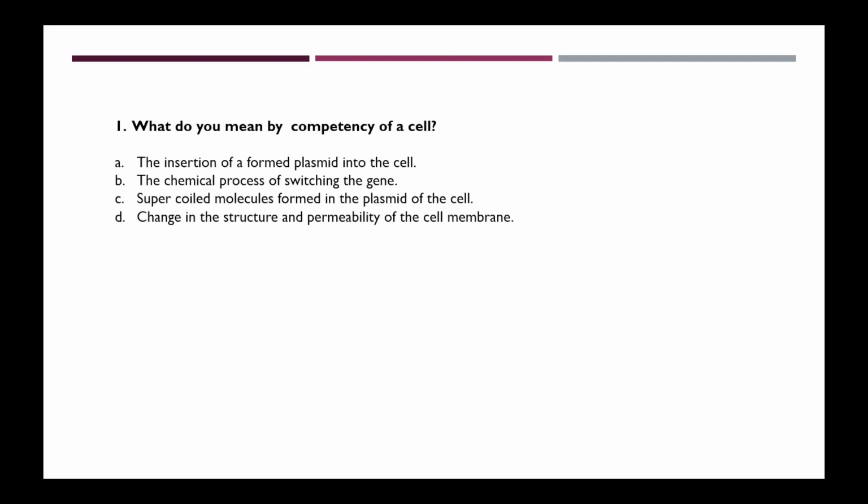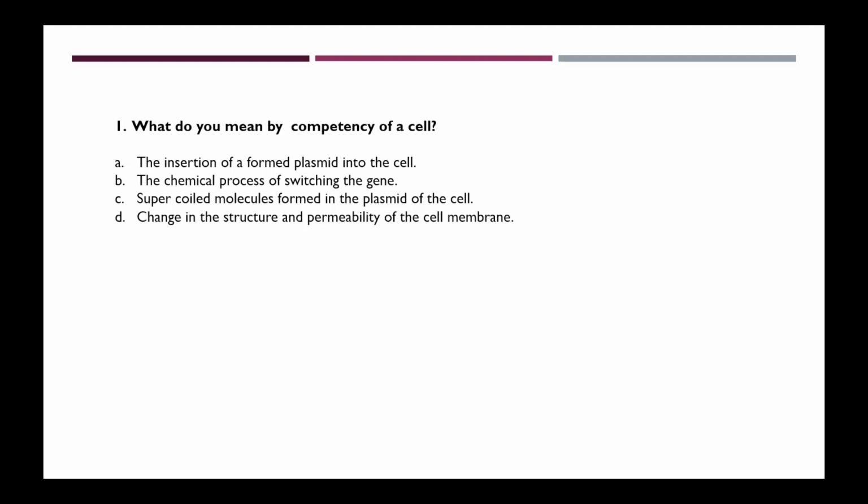The chemical process of switching the gene? Ma'am, I think fourth one is the correct option. Yeah. Change in structure and permeability of cell membrane. Okay. So, competency means you are changing the permeability of the cell membrane. And why is there a need to do that? To take up the foreign DNA from the environment.